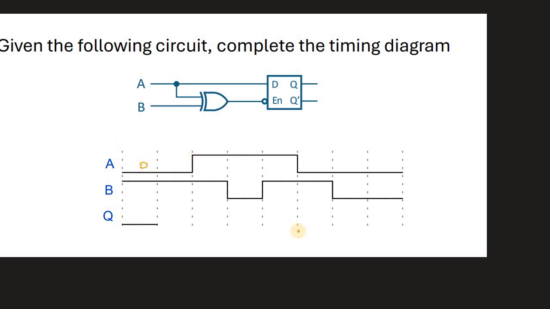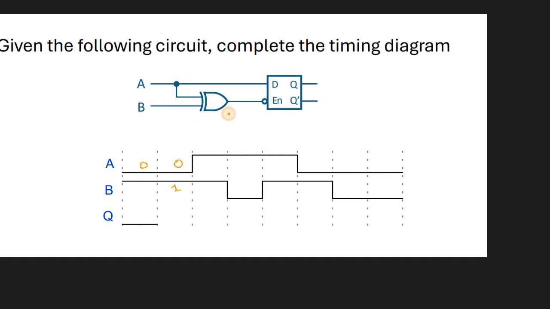So let's go line by line, following the vertical dotted lines that you see. This input is already given to us. Now let's move on to this one. This is irrelevant, so let's do this one. This one is 0, and this one you see is above, not at the bottom, so it is 1. So you have 0 and 1 here.